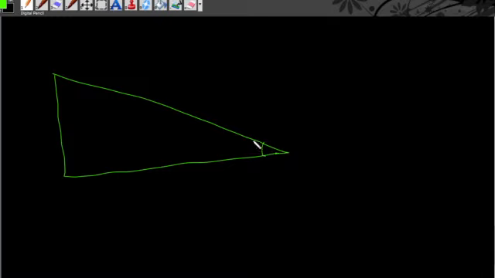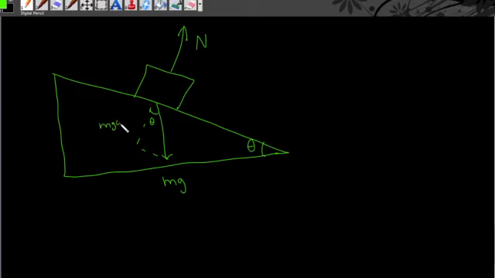So the angle of incline is theta, and we have the object. As I said earlier, normal force is perpendicular to the surface. Gravitational force, on the other hand, is always downwards. Since it would naturally move this way due to components of the gravitational force, and by the way, this is a similar triangle, technically this would be mg cosine theta, and this would be mg sine theta, which is pretty neat to know.